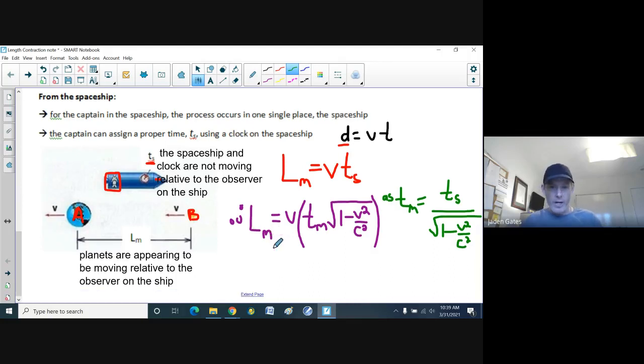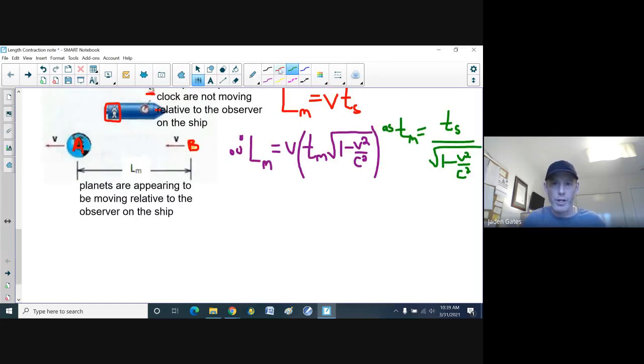All right, now let's see here. Now I'm going to make another substitution. All right, so and therefore my LM is going to be equal to LS, because I want everything in terms of lengths, times the square root of 1 minus V squared all over C squared.